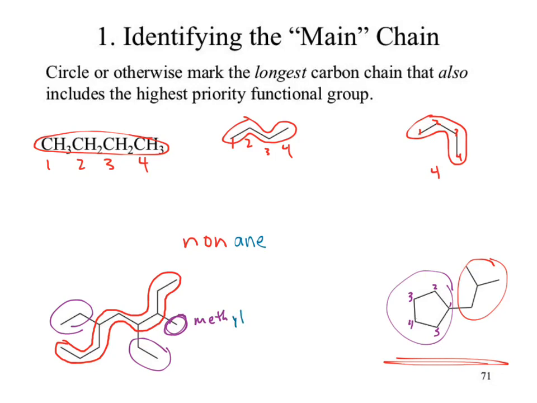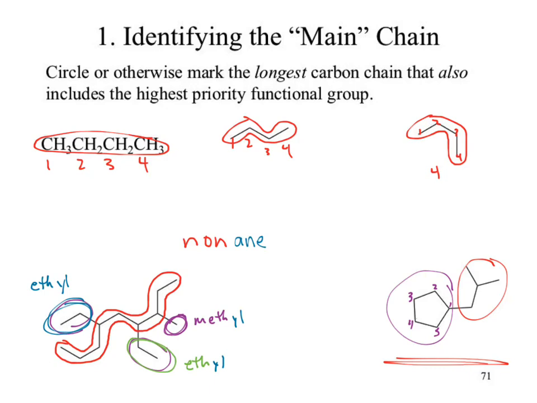Yl is a substituent. I have 2 carbons, so that's an eth substituent. I'm running out of colors. Blue? That's fine, let's just do blue. Ethyl. Where are those substituents located?